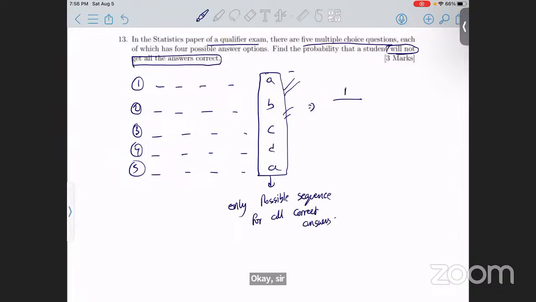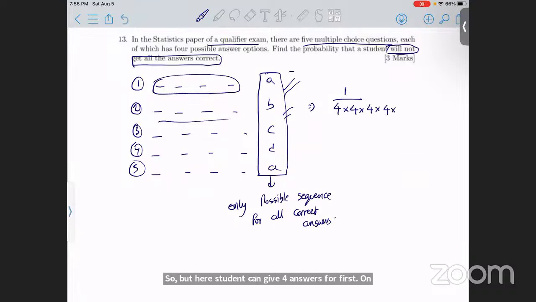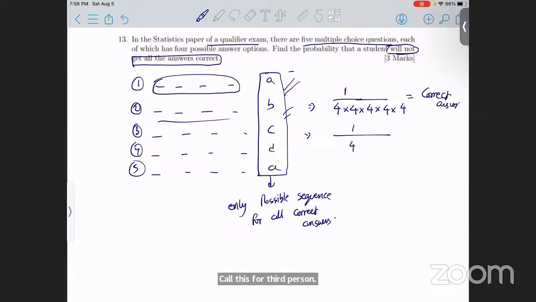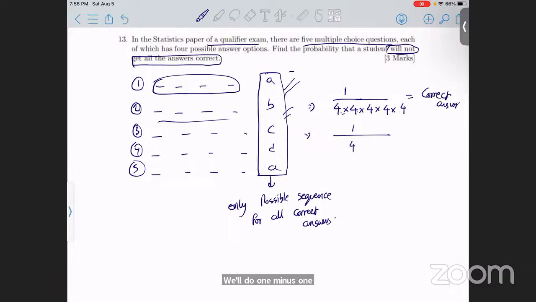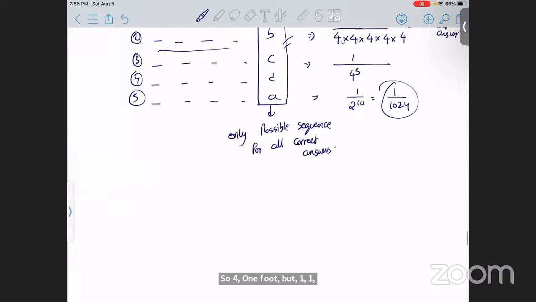But here the student can give 4 answers for the first question, 4 for the second, 4 for the third, 4 for the fourth, and 4 for the fifth. So the probability of the correct answer is 1 by 4 power 5, that is 1 by 2 power 10, which equals 1 by 1024.